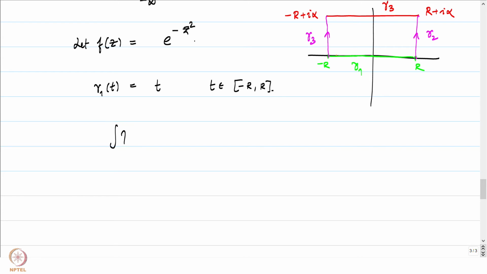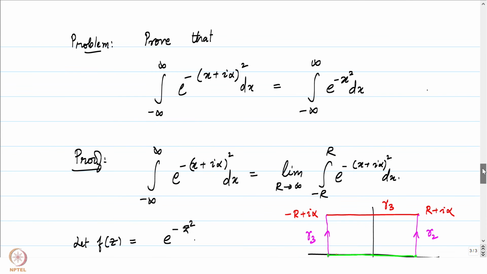So the integral of f of z dz over gamma 1, let's first explore that. That is going to be equal to the integral of e to the power minus t square dt from minus r to r. This is precisely what the integral over gamma 1 is going to be. If you notice, that is the thing written to the limit as r goes to infinity is what is written to the right here.